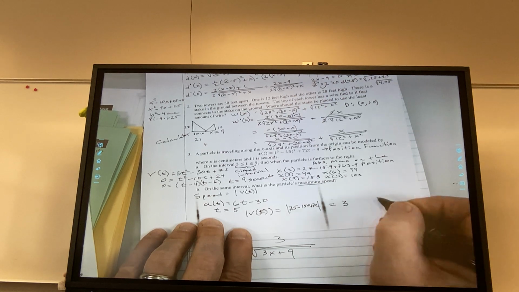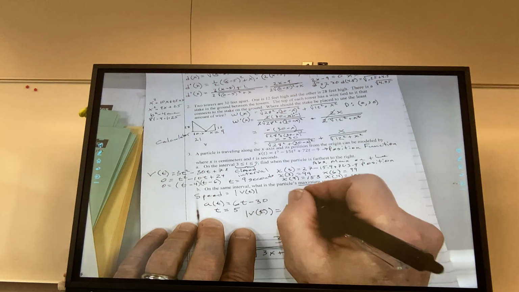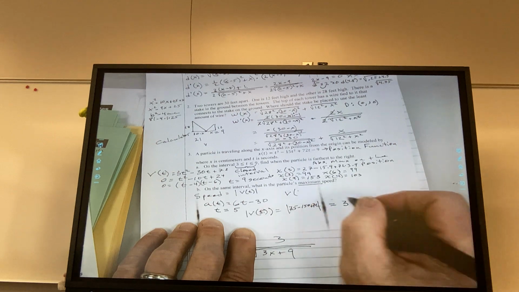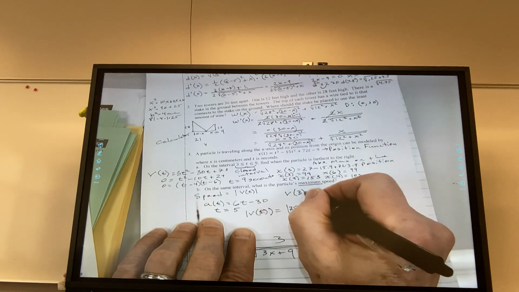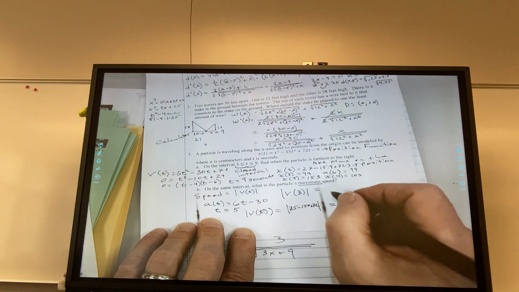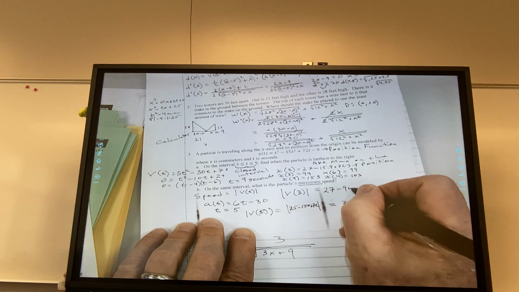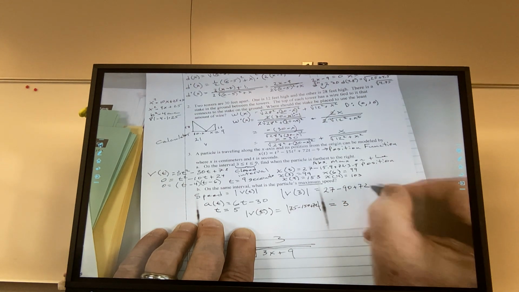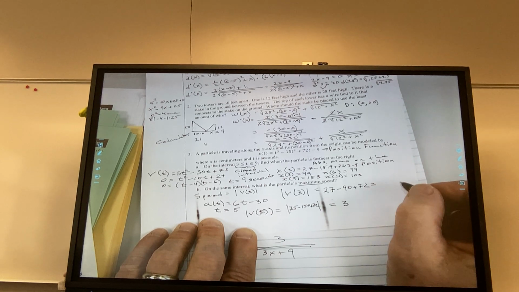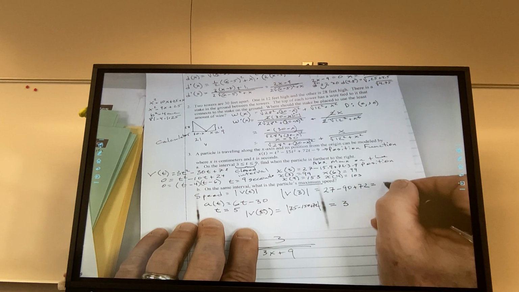Feels weird. But where else can it be? It's on a closed interval, correct? So I also have to put 3 in there because it can happen at the endpoints. When I put 3 in there, I get 27 minus 90 plus 72, and that's 9.